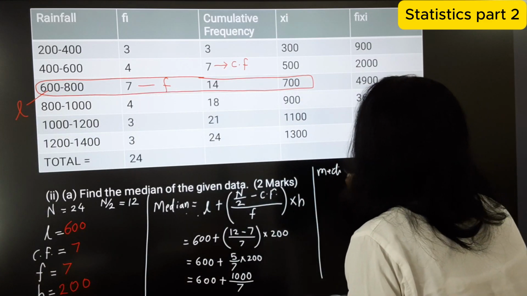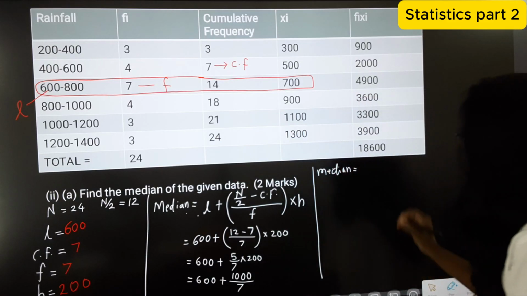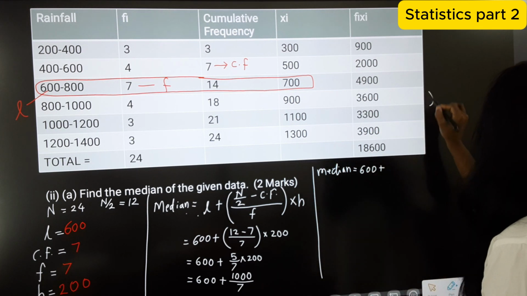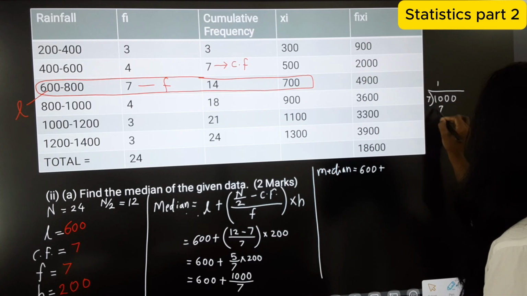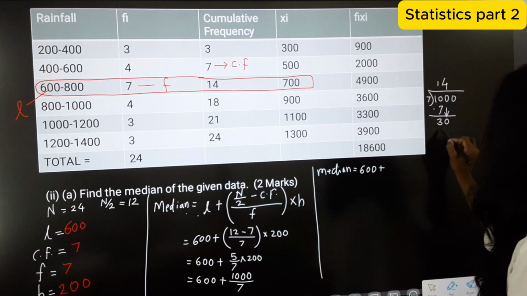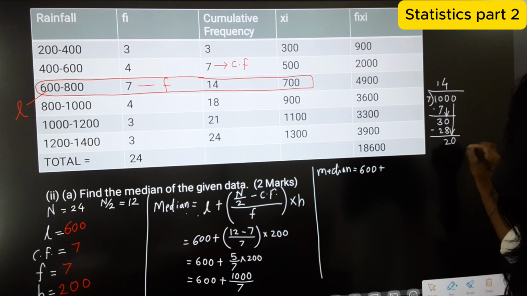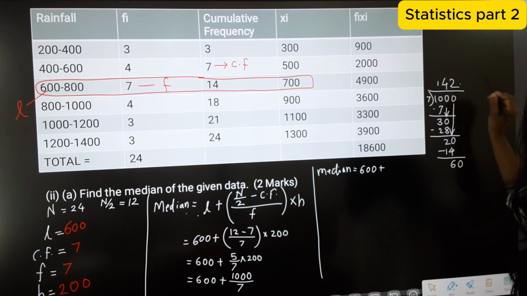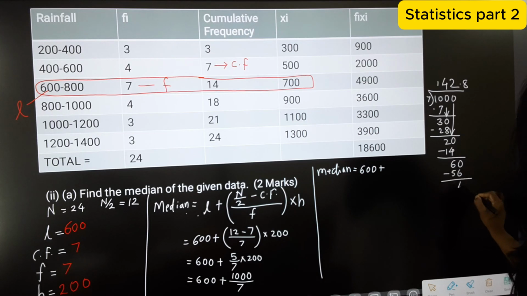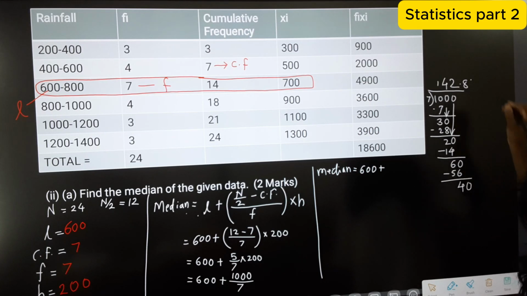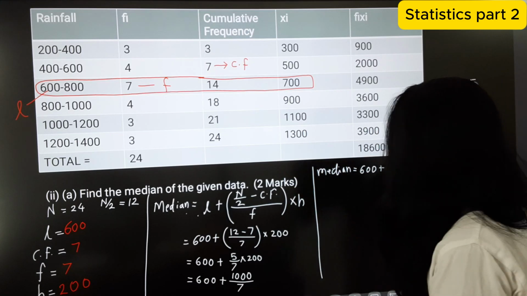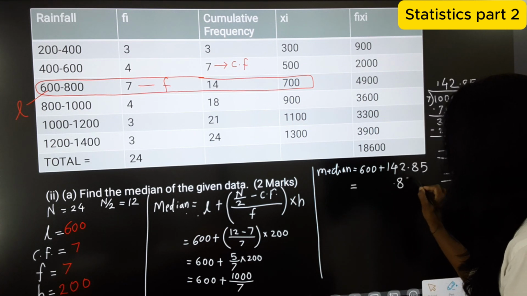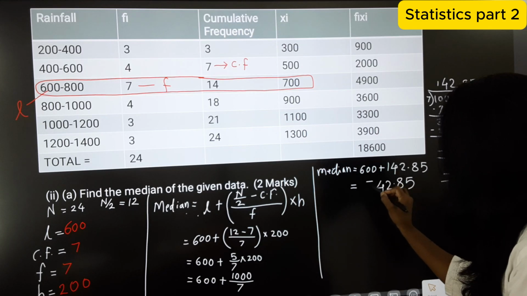So now the median is equal to 600 plus 1000 divided by 7. Dividing 1000 by 7, we get 142.85.